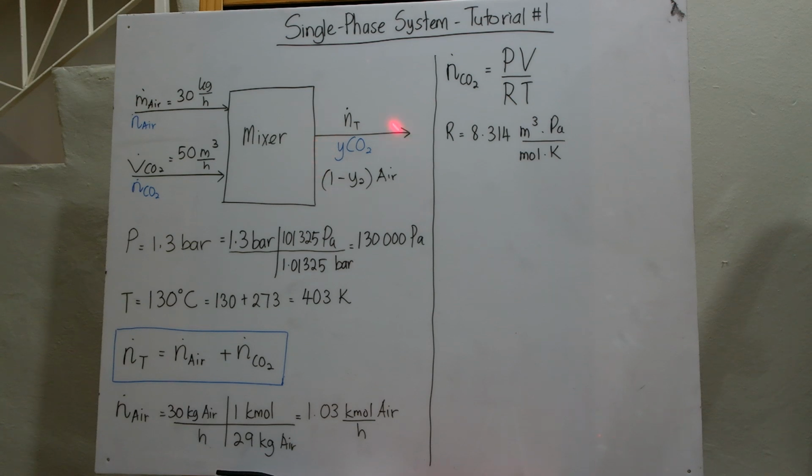To find the mole fraction of carbon dioxide, we need to know the molar flow rate of the product stream. The molar flow rate of the product stream is equal to the mole flow rate of air that goes in plus the mole flow rate of carbon dioxide.